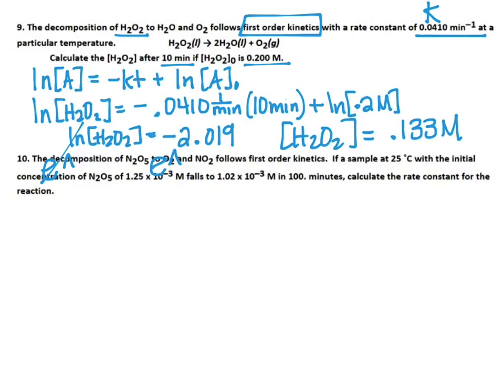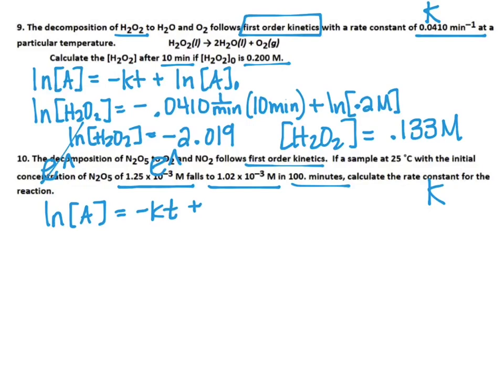Okay, let's do one more. So this time the decomposition follows first order kinetics. Initial concentration is 1.25 times 10 to the minus 3 and then falls to 1.02 times 10 to the minus 3 in 100 minutes. Calculate the rate. So now we want to calculate K. First order kinetics says ln of A is equal to negative KT plus ln of A naught.